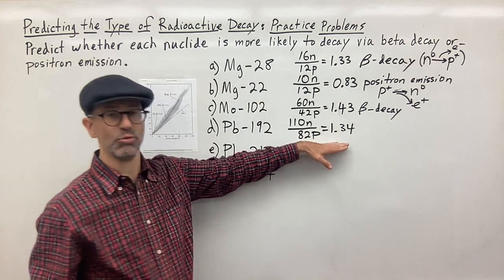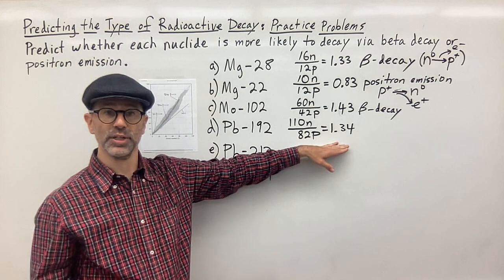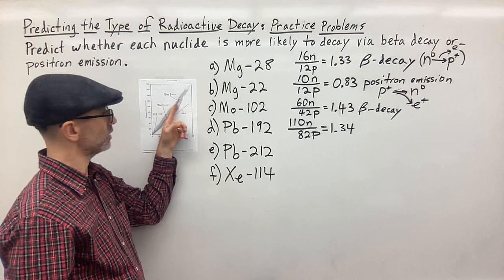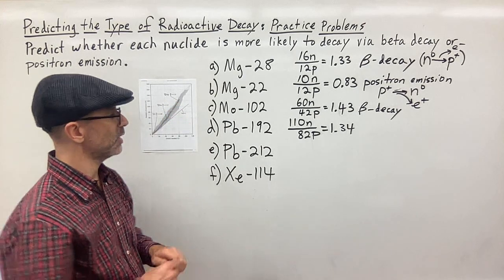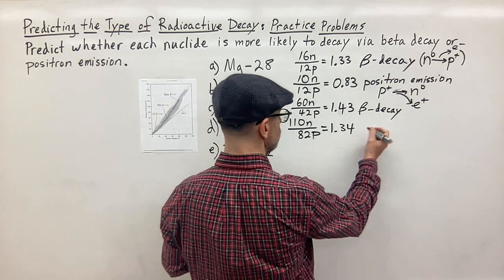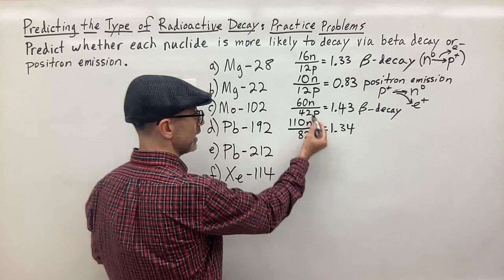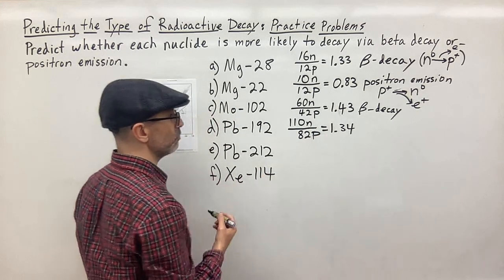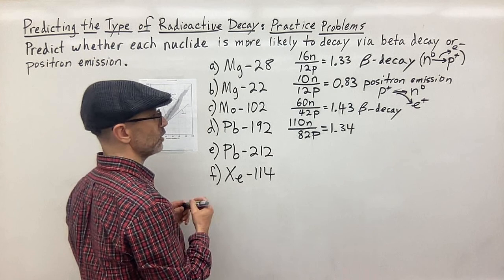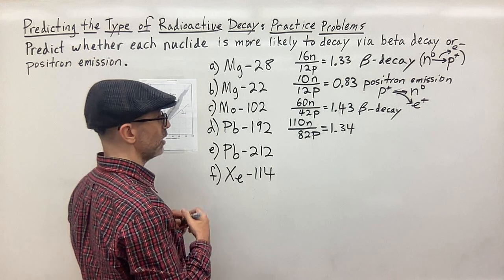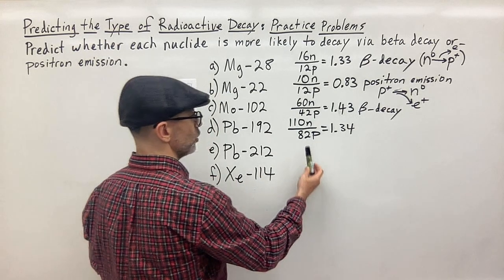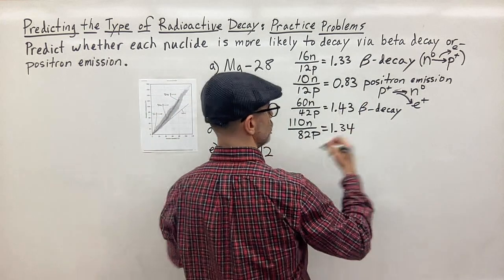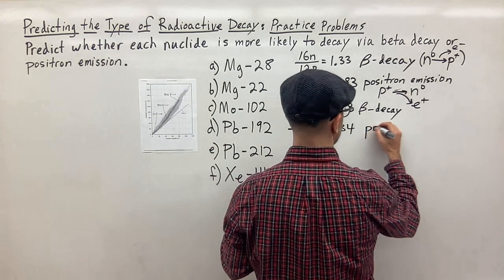So this is too low compared to where it should be on the valley of stability. So in that case, we need to increase the number of neutrons and decrease the number of protons. So again, we need a proton to become a neutron. So again, this would be positron emission.